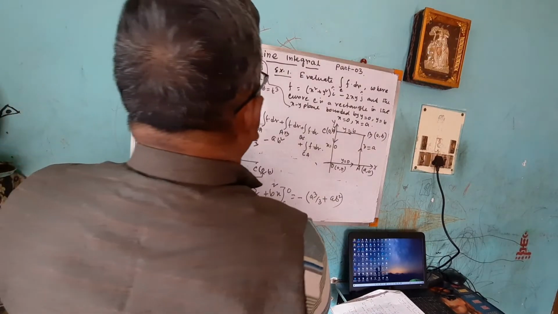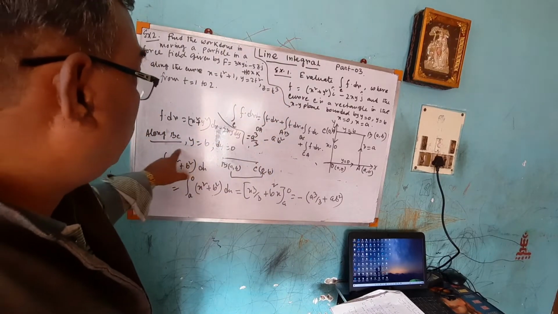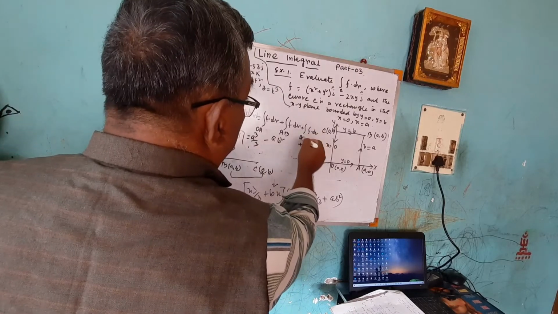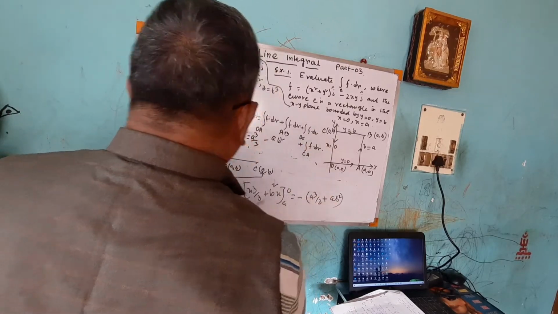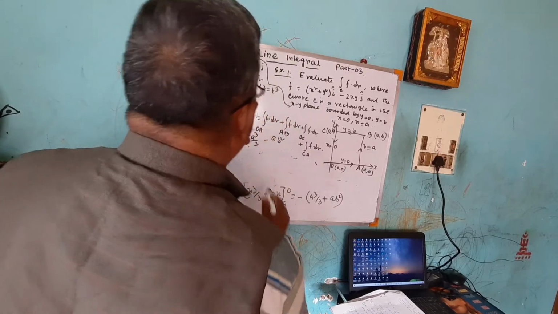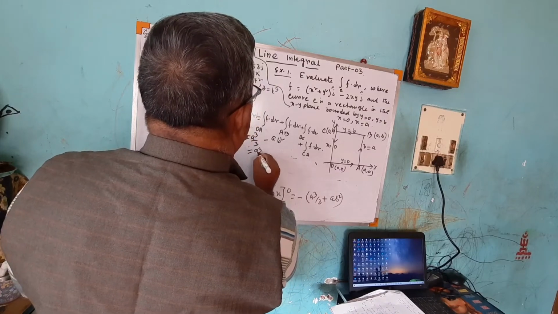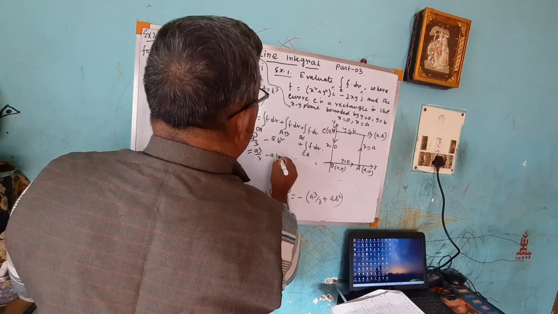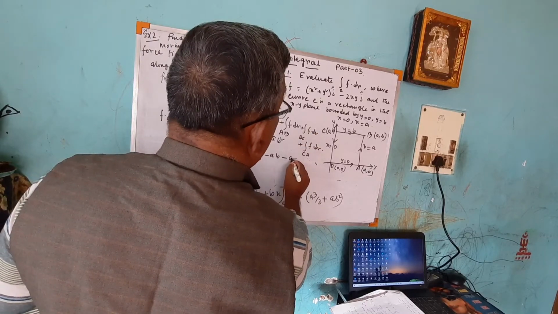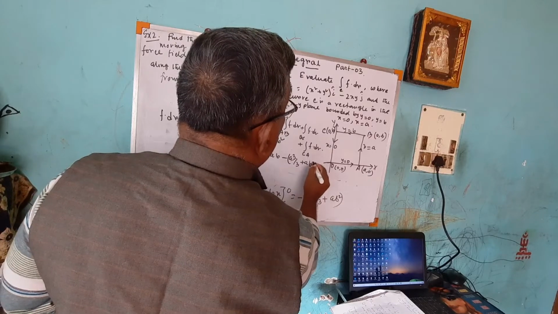This value I'm just putting over here. This is along BC. Try to understand. Along BC, this integration value is this. Just so I am putting along BC, that is I'm putting over here, minus of a cube by 3 plus ab square.